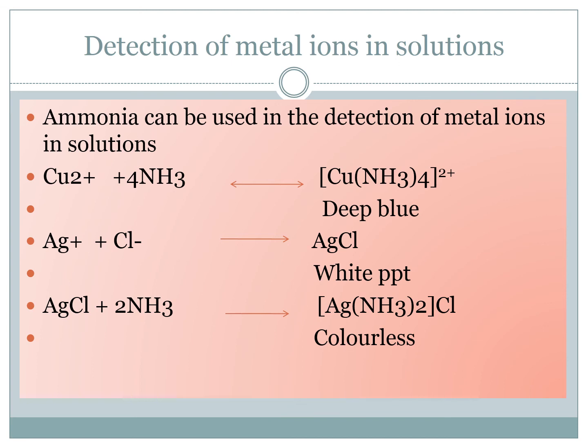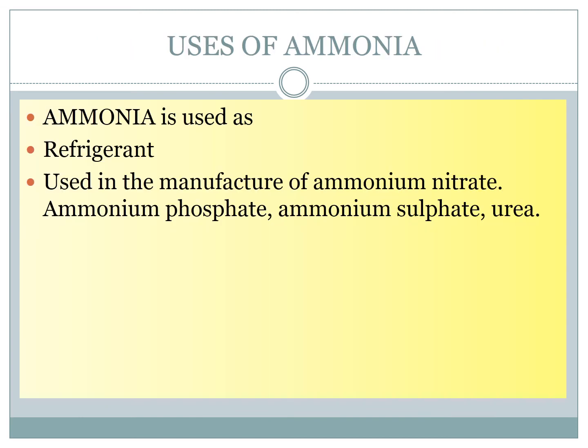Silver ions, when they react with chloride ions, form a white precipitate of silver chloride. This silver chloride, when we add some drops of ammonium hydroxide, disappears, and this happens due to the formation of [Ag(NH3)2]Cl. That is a complex which is soluble in nature.